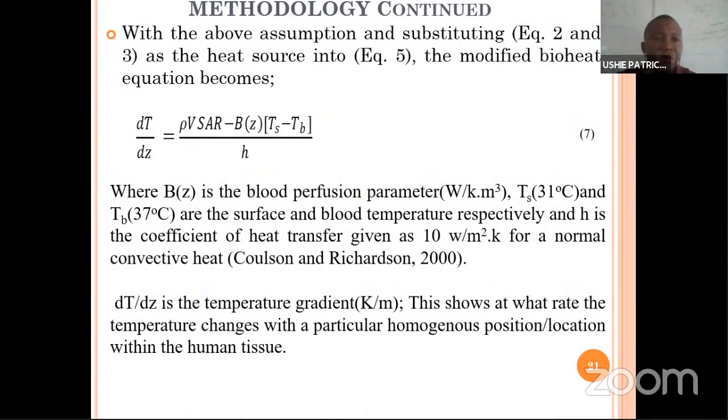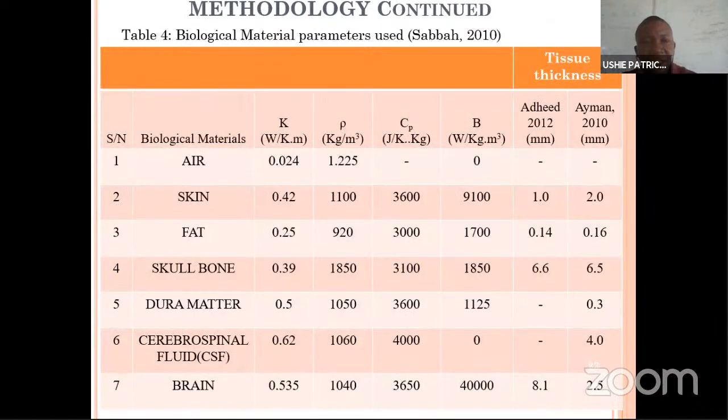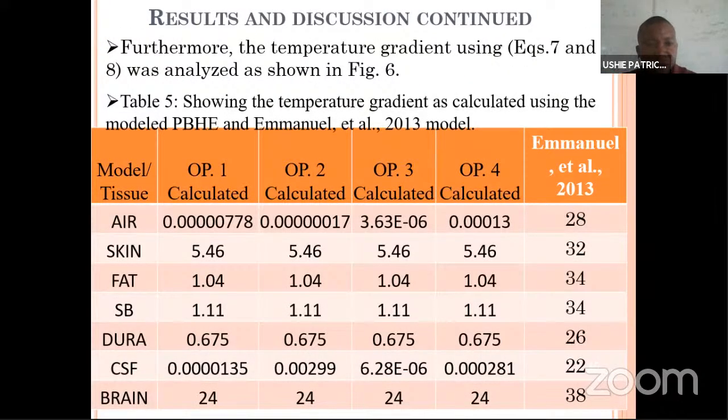In it, rho SAR, which is SAR, is a heat source. It's the point of contact between that emission and the body system. So for operator 1, we collected those readings and calculated the temperature variation, the temperature gradient, the temperature difference across the different tissue layers.